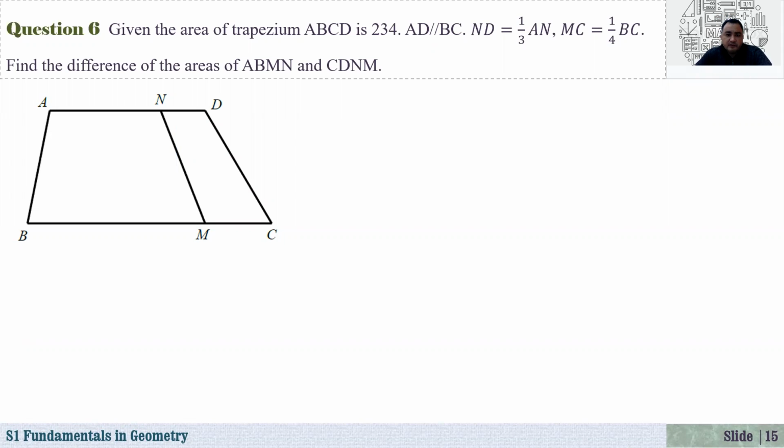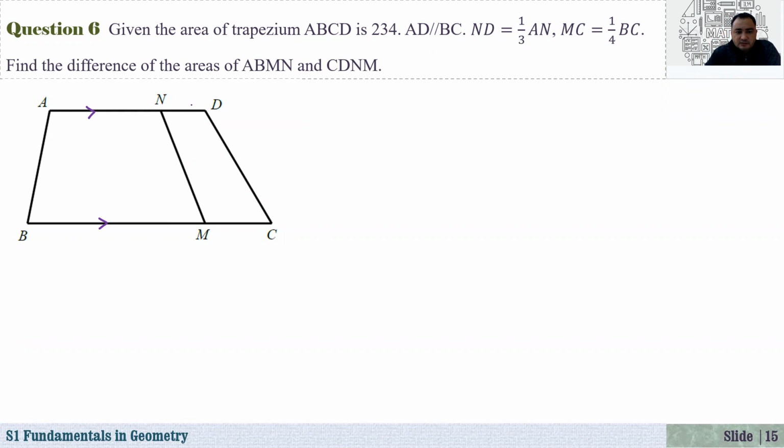In this question, given the area of trapezium ABCD is 234. ABCD is a trapezium, AD is parallel to BC. So this side is parallel to this side. And ND is equal to 1/3 of AM.